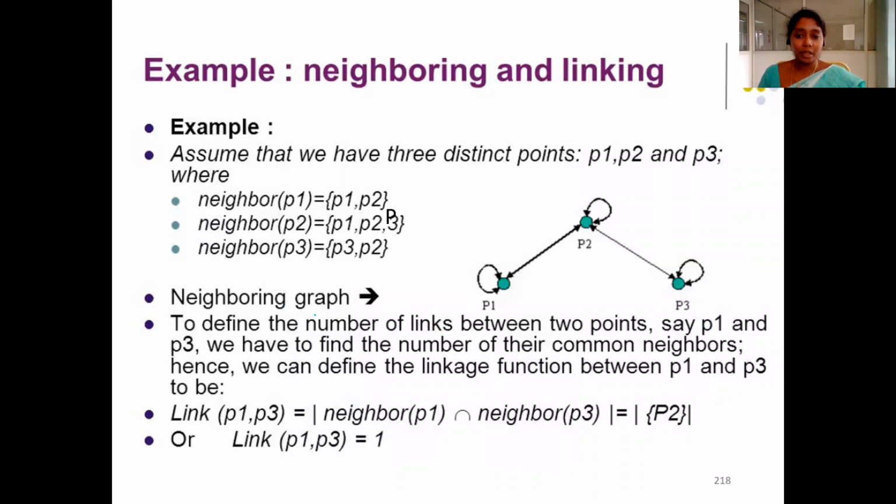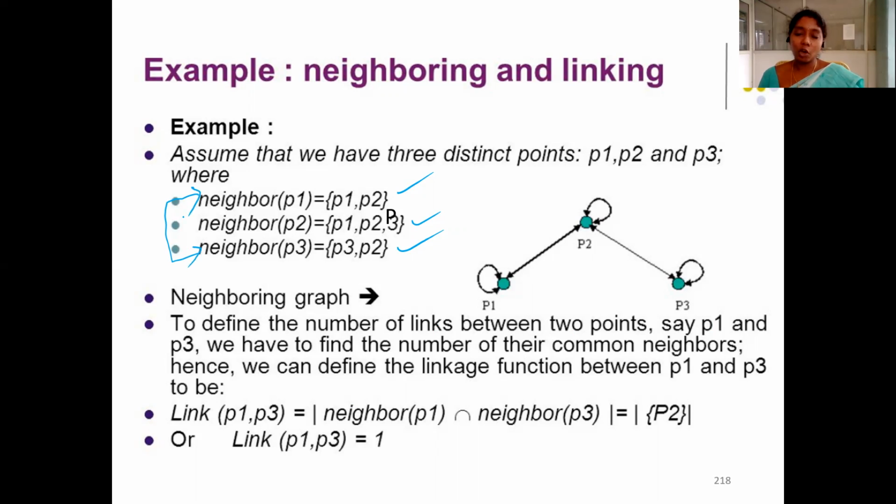Consider another example. We have 3 points, and certain data is given. The neighbors of P1 are P1 and P2. The neighbors of P2 are P1, P2, and P3, and the neighbors of P3 are P2 and P3. So how many links are possible between P1 and P3? Link is nothing but the number of common neighbors.